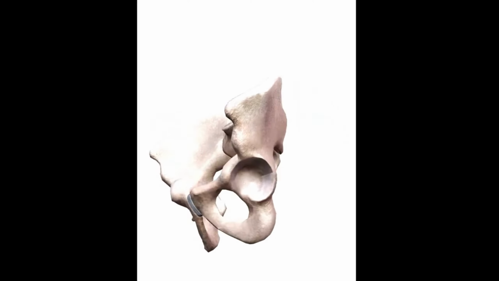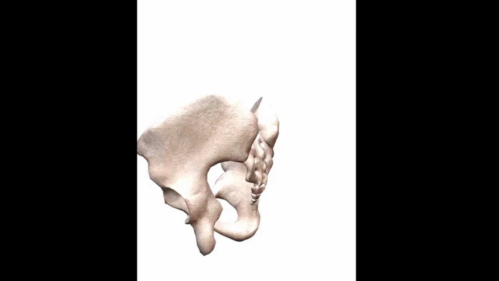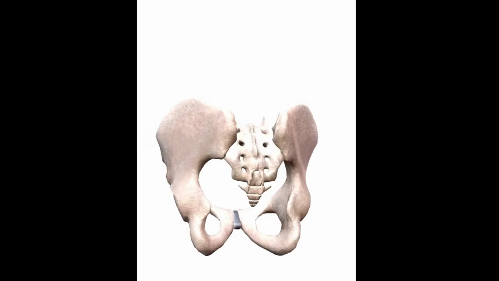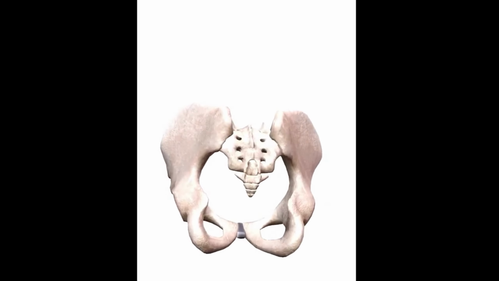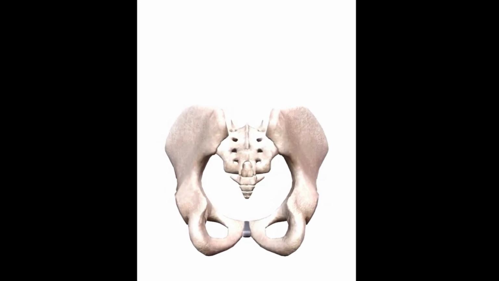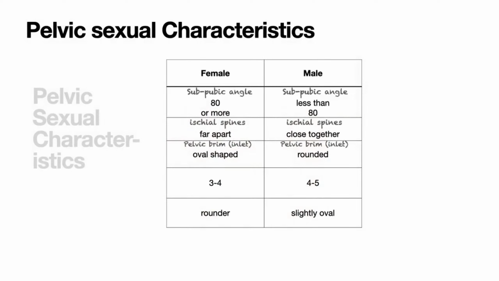Ischial spines are far apart on the female. Ischial spines are close together on the male. Pelvic brim, we said oval shaped on the female. Pelvic brim is rounded on the male.